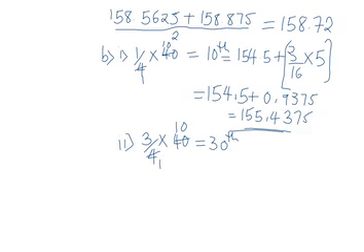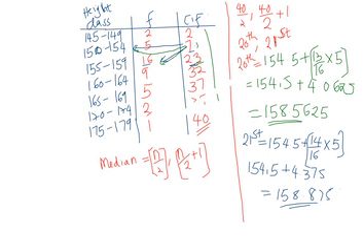We go to our table, and from the CF column we realize that 30 is more than 23 but less than 32.